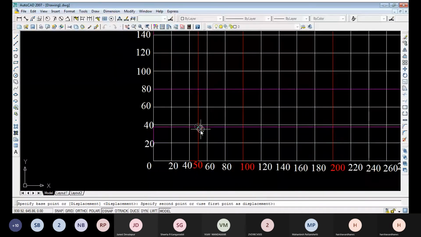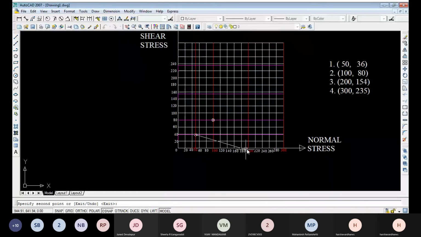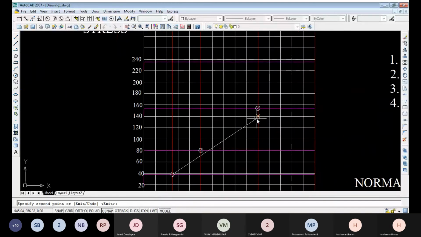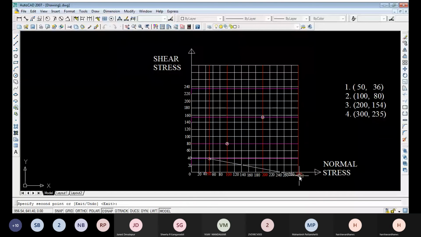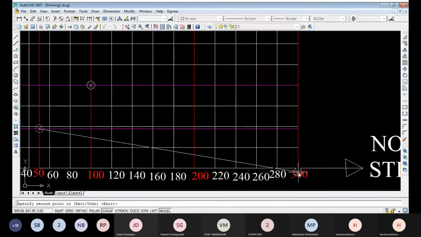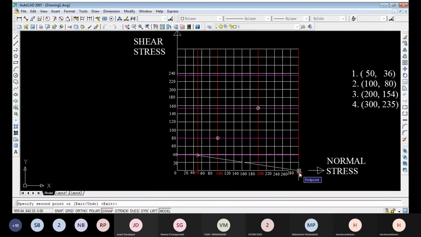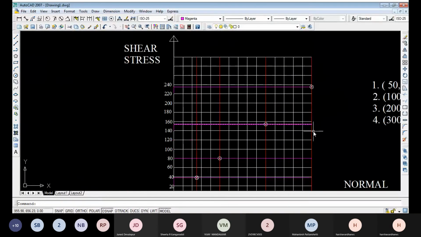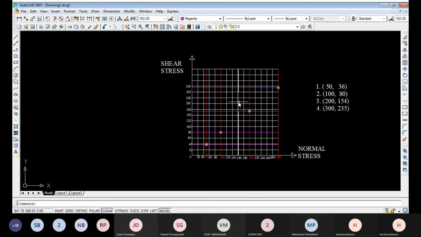This is 50 comma 36, first point. Next I have 100 comma 80, so I'll mark it here. Next I have 200 comma 154. So 154 is somewhere here, so I'll mark the point here. The last point is 300 comma 235. 235 is here. So I'll mark my point here. So I have marked all my points.